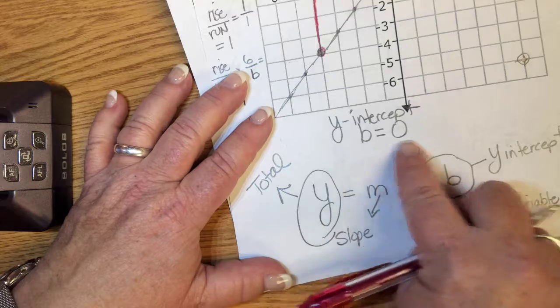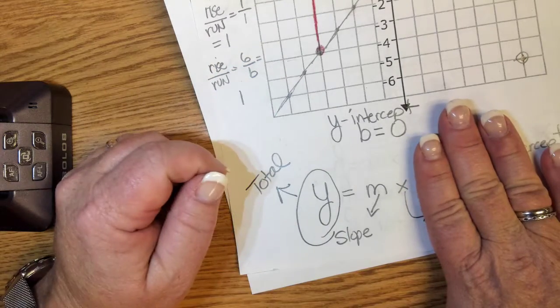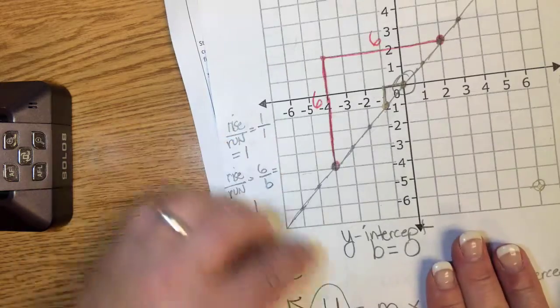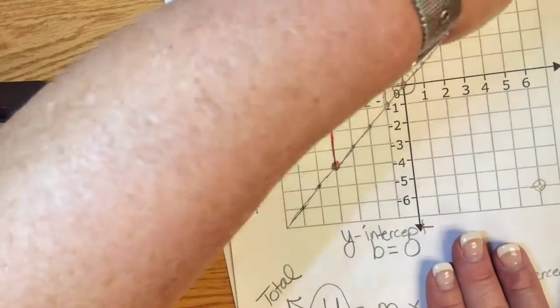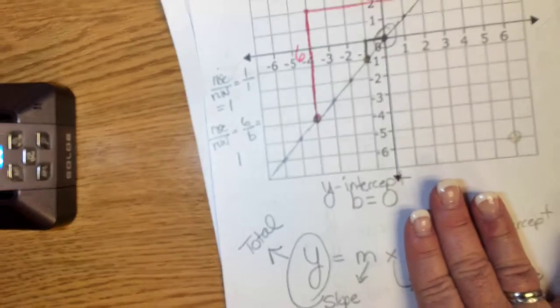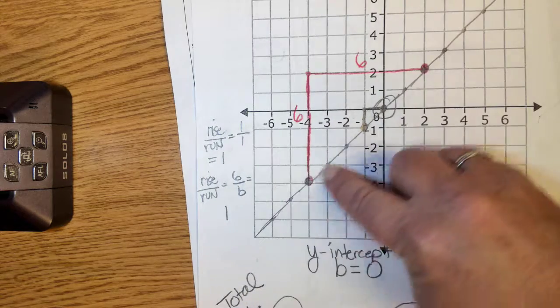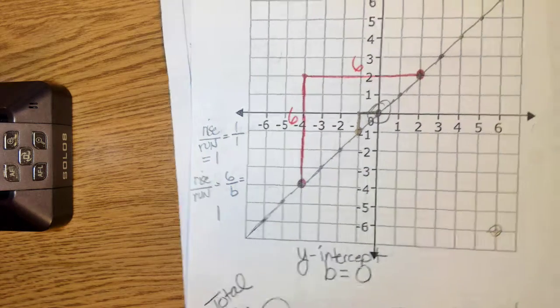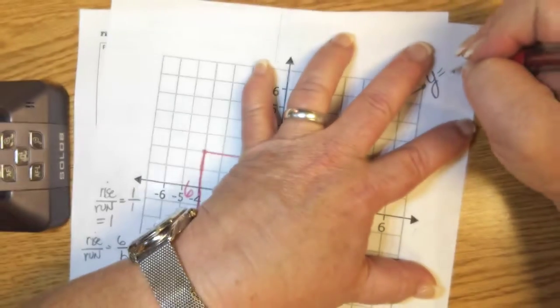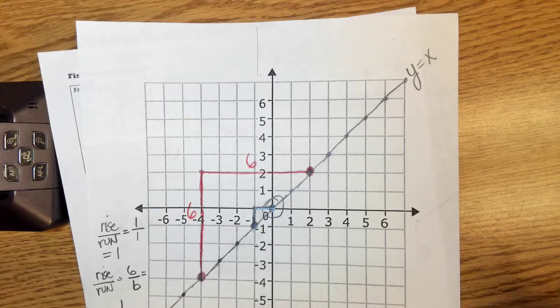So if I had b was equal to 0, this equation would only be y equals mx. All right. And what it would be, this equation for this line, my equation actually would be y equals 1x, or y equals x. And remember, I told you this was the parent function for a linear equation. That's why the equation would be written y equals x. Because remember, your slope is 1 and your y-intercept is 0. Okay?